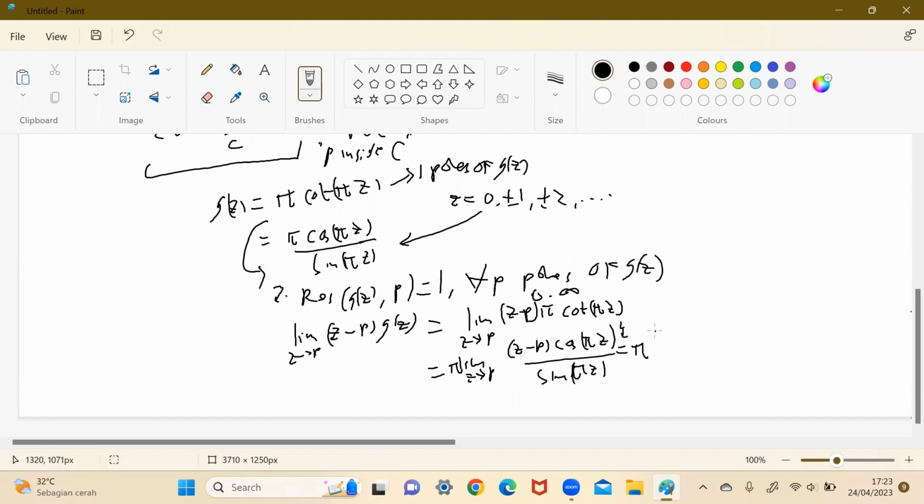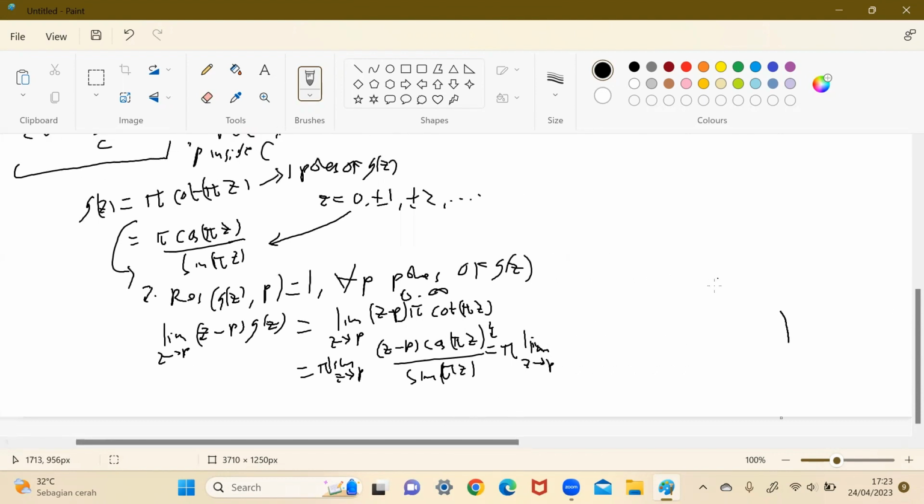So it's pi times the limit. We take the derivative of both the numerator and denominator, and we obtain cosine pi z minus (z minus p) times pi sine pi z, over pi cosine pi z.